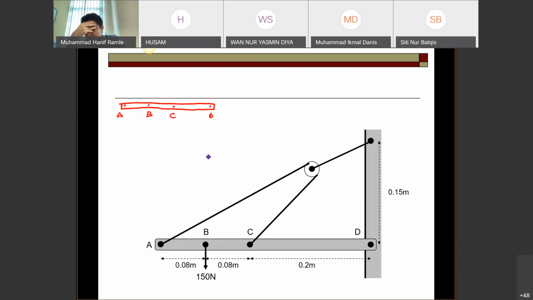Okay, the answer is correct, 3. Because it is embedded, it is placed inside the wall, meaning that we have DX, DY, and also moment.